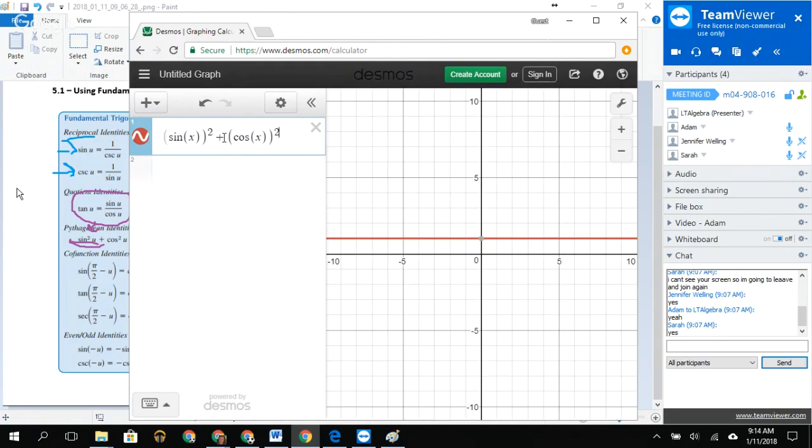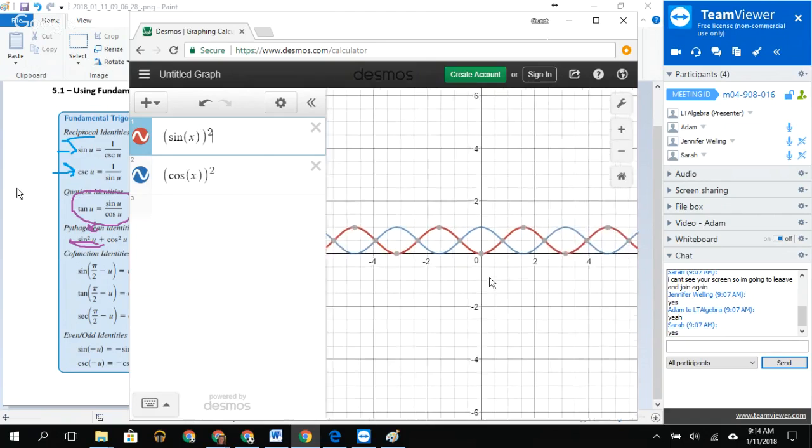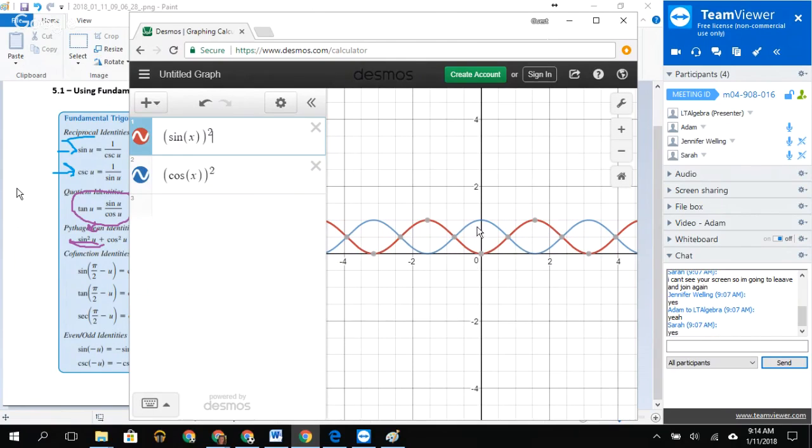So let's just take this apart a little bit. I think it's interesting to see what the sine and the cosine look like separately. We have our sine curve in red, and we have our cosine curve in blue, right? And you can see that they're basically exactly opposite of each other.